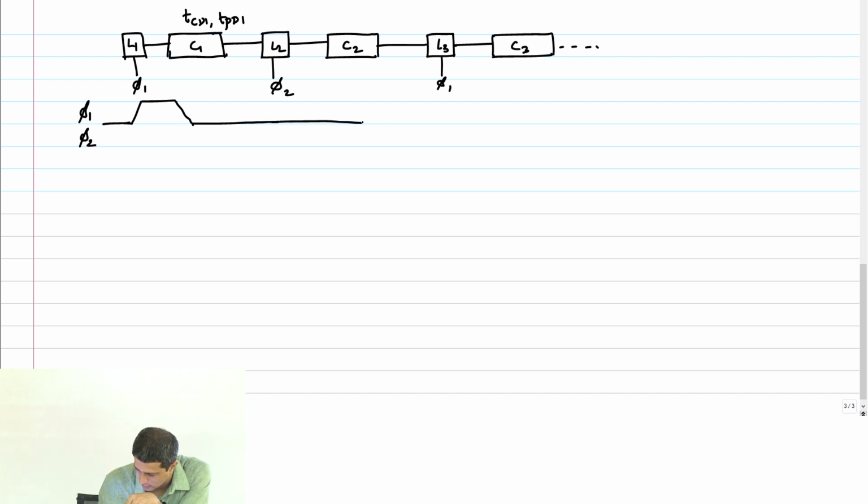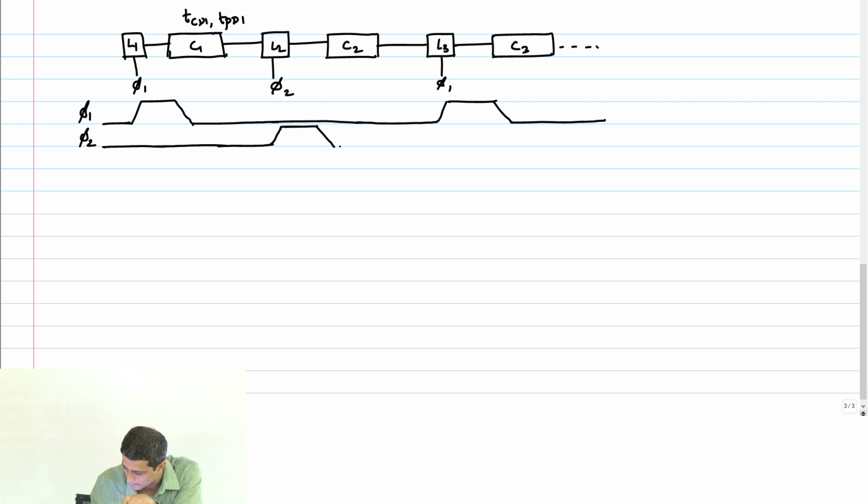This is going to be 0 all the way until the next phi 1. Similarly, phi 2 will go high here. This is L1, L2, and somewhere here you will have the next L4 controlled by phi 2 again.